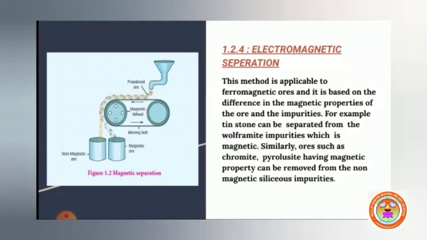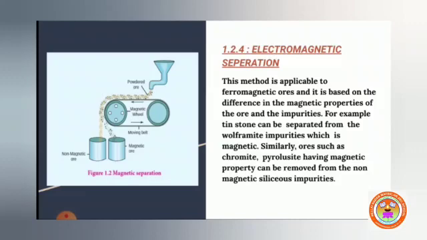Another example: ores such as chromite and pyrolusite. Chromite and pyrolusite are the oxide ores of chromium and manganese respectively. Chromite is the heavy oxide ore of chromium, and pyrolusite is the heavy oxide ore of manganese. Both ores are magnetic in nature.